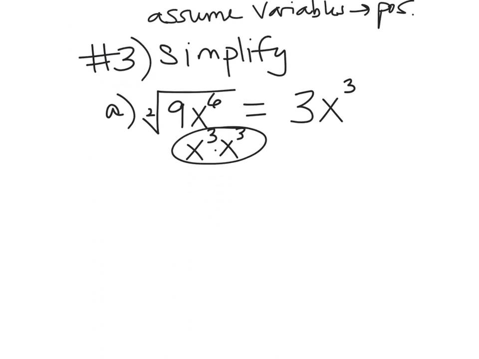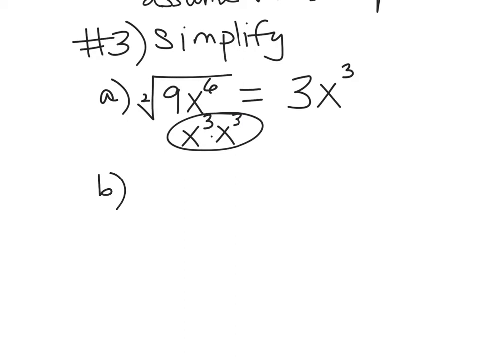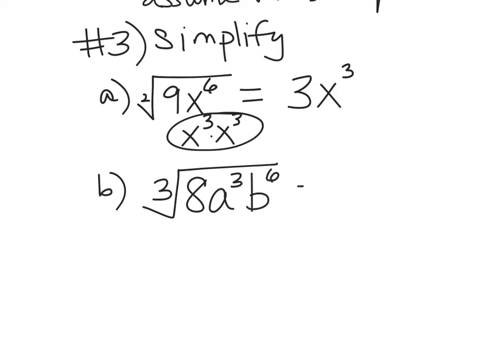So let's try another one. And we're doing easy ones today. We'll get harder as we go along, but all right, let's do the cube root of 8a cubed b to the 6th. Okay? Now, don't take 3 and divide it into 8, though. Take the cube root of 8. So the numbers work differently than exponents. So the cube root of 8 is what? We've done this one already? 2. Perfect.